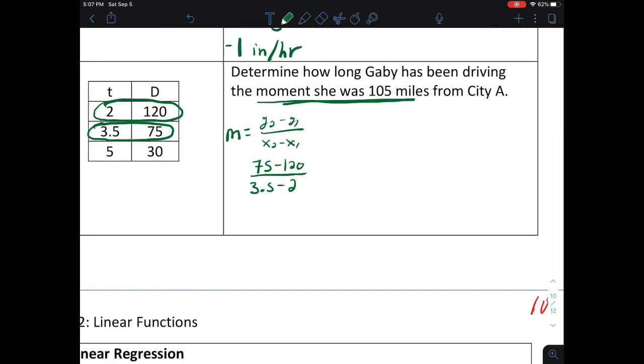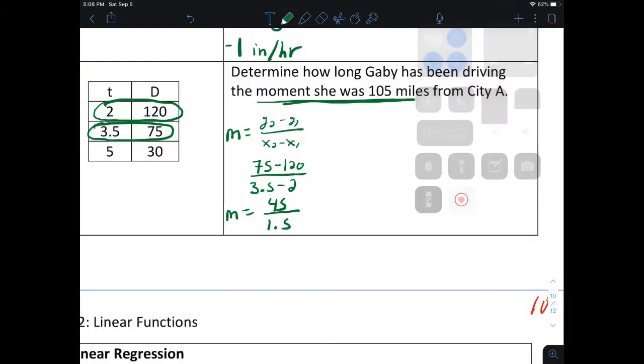And so in this case we'd have a denominator of 1.5. 75 minus 120 is 45. Now we want to know what 45 divided by 1.5 is.